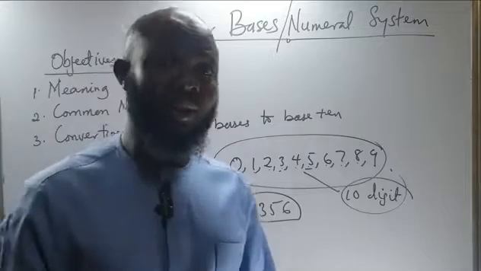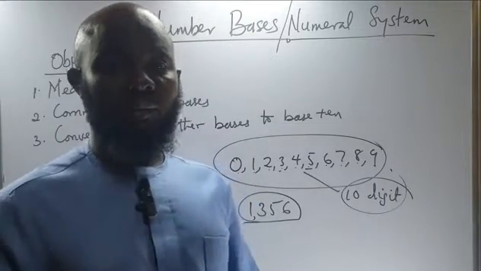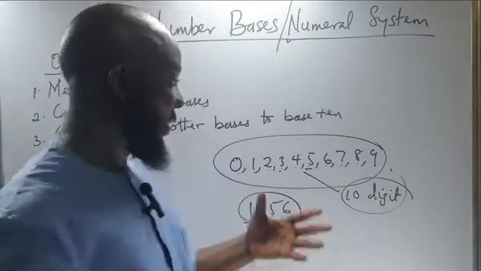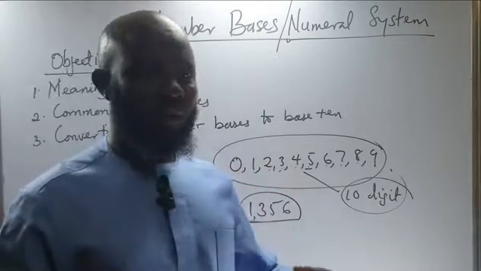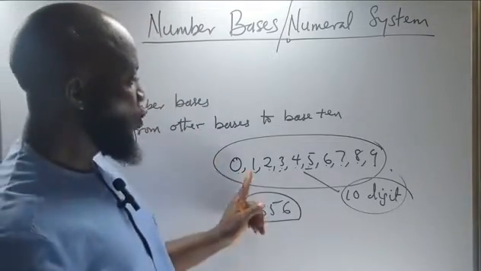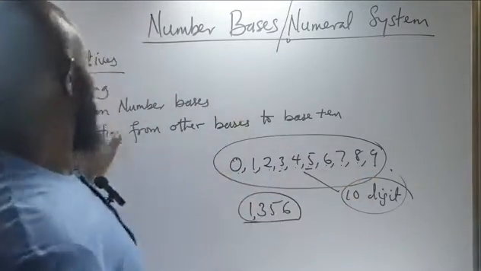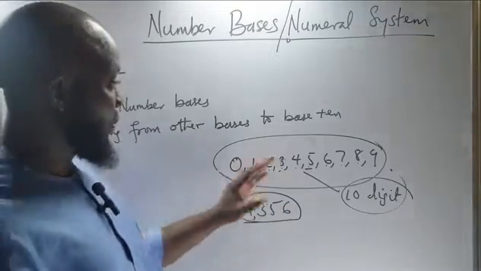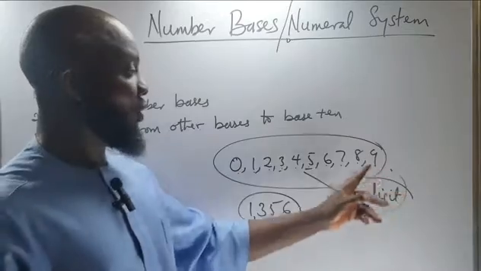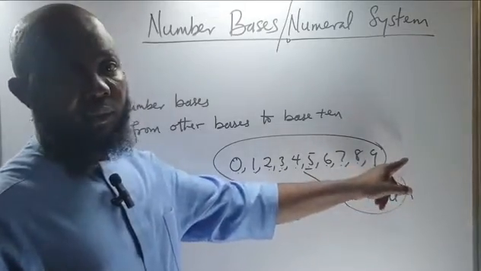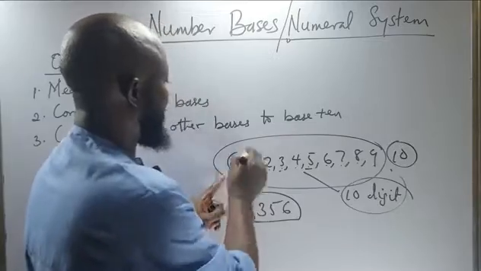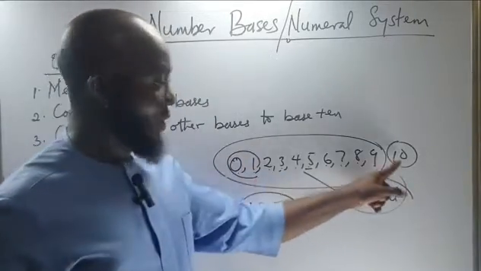Number bases are ways of writing numbers using digits or symbols or letters. If we want to go beyond 9, we have 10, but for other bases we're not going to write 1 and 0, because 1 and 0 are both part of these digits. So that is also base 10.